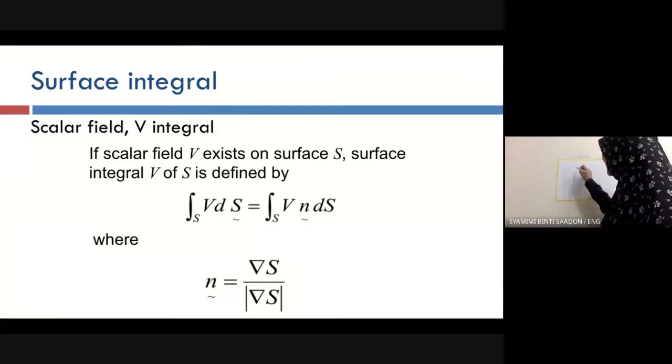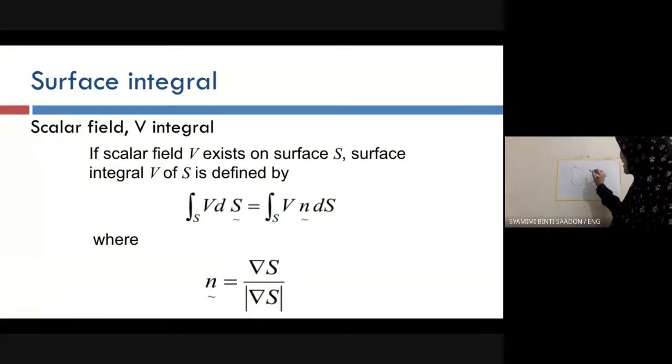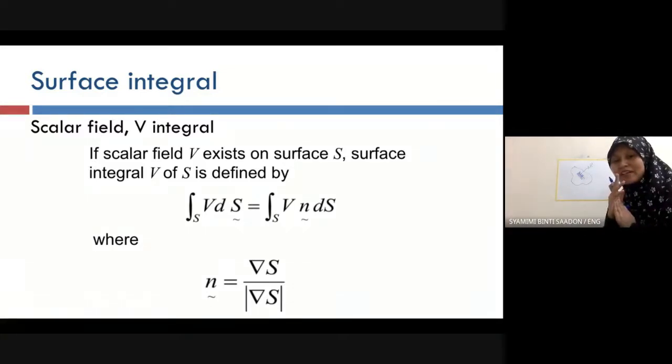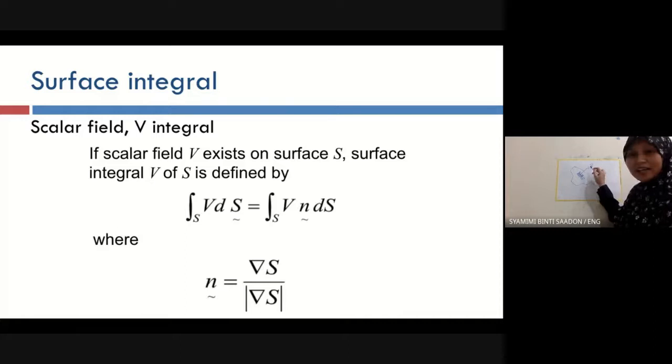For example, you have a surface like this, and then a small dS, a small surface element, and n is the normal direction of the small surface. So when we want to define the vector dS, it is the product of the normal vector n, which is perpendicular to the surface dS.